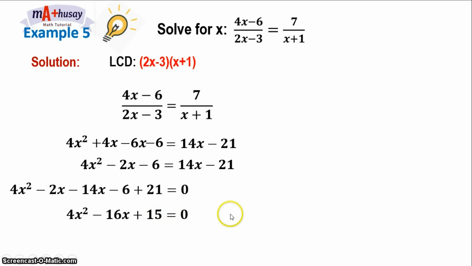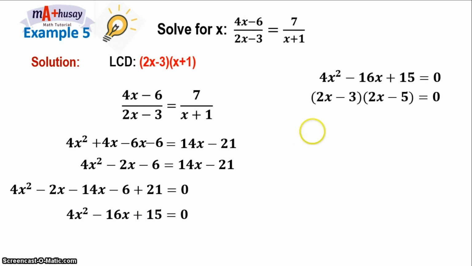So ngayon, from this rational equation, na-transform natin siya into quadratic equation. So we will factor this quadratic equation. Ang factor ng 4x squared minus 16x plus 15 equals 0 ay the quantity of 2x minus 3 times 2x minus 5 equals 0.